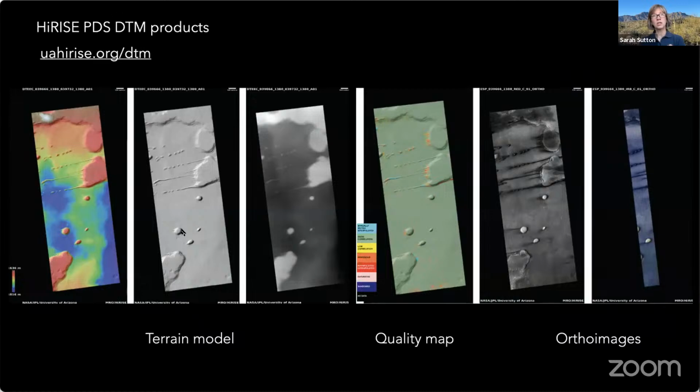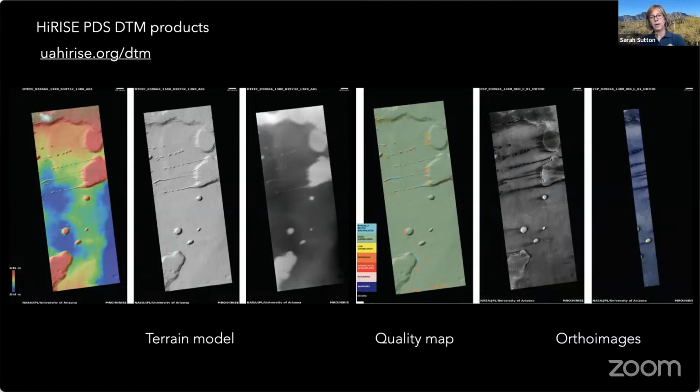That's basically the surface texture of the DTM with some artificial illumination, so that just shows you the surface. And then when you combine that with the color, that gives you an elevation map. This black and white image that looks sort of like an X-ray is another way to visualize the elevation, where it's just grayscale, where the darker shades are lower elevation and the white is the higher elevation.